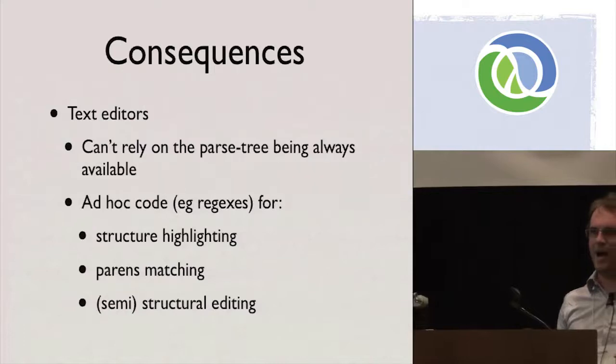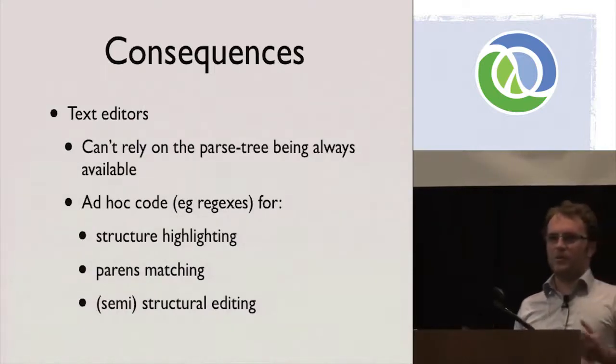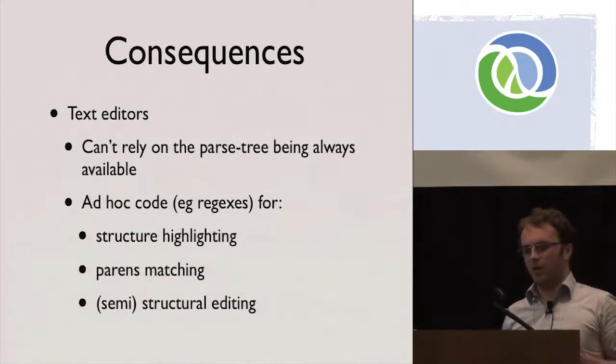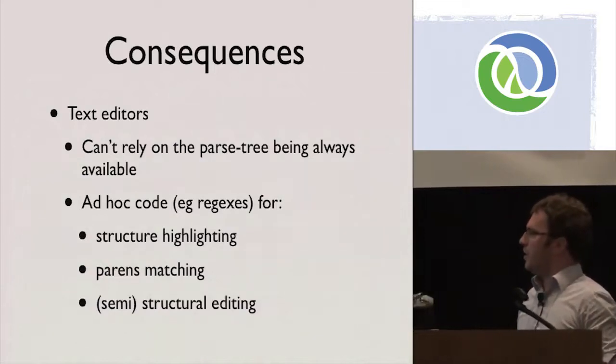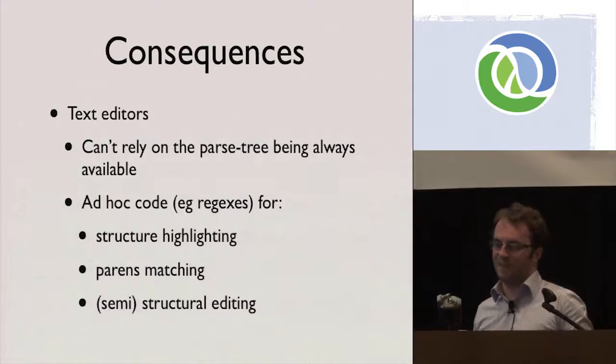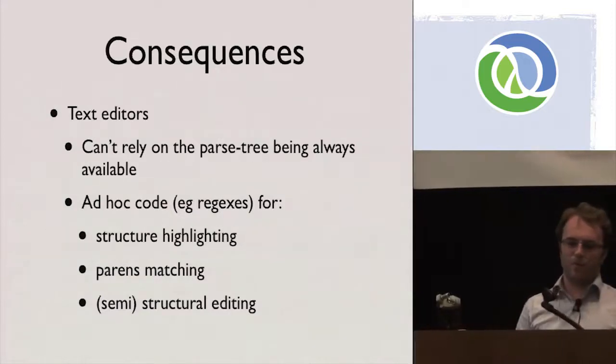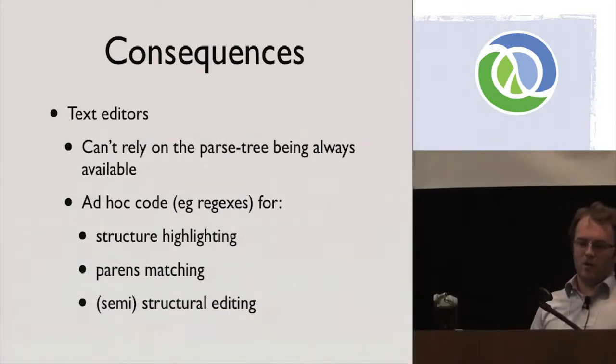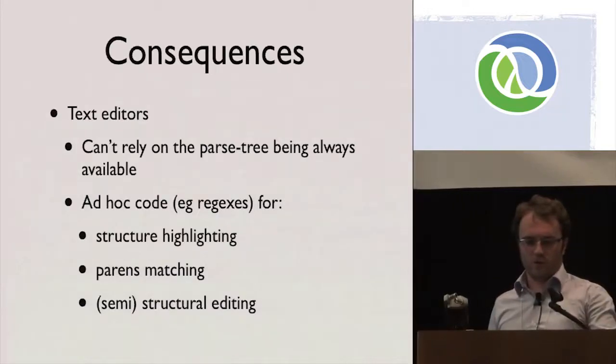And not having a canonical parse tree is a real problem, because in text editors, then you have to rely on hacks, on regex, on lexers, and they are all unsynchronized. And you rely on them for things like structure or syntax highlighting, for parens matching, and even for structural editing.